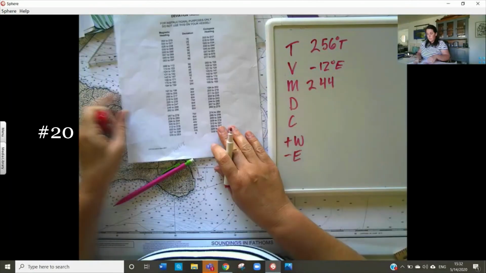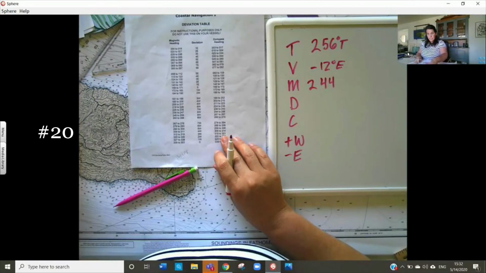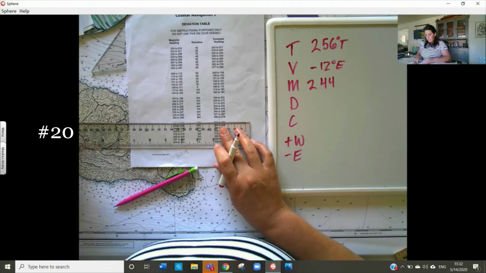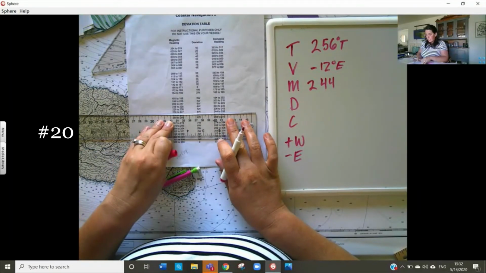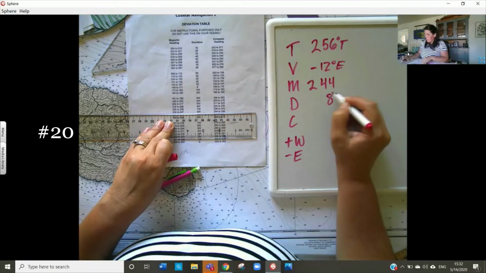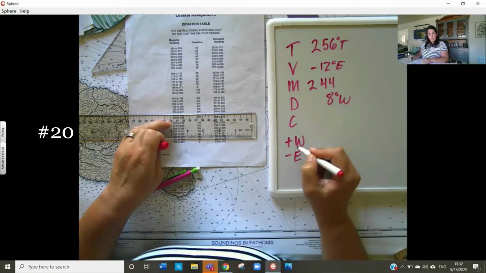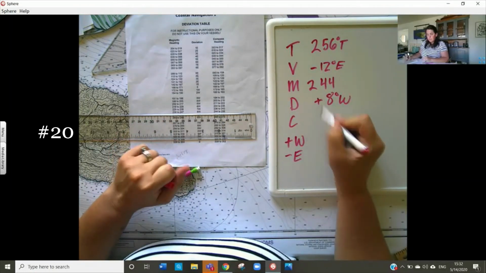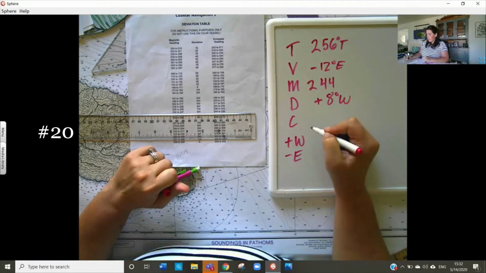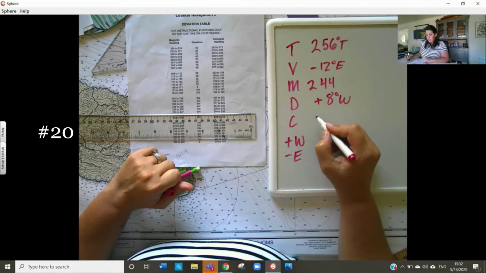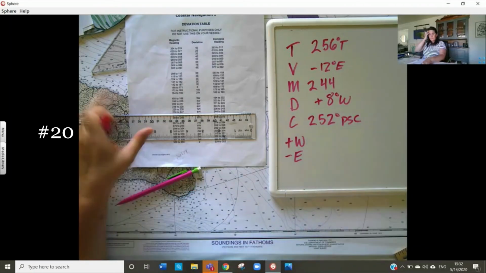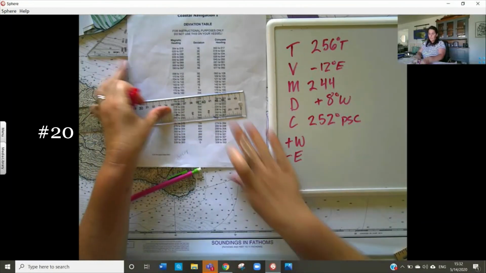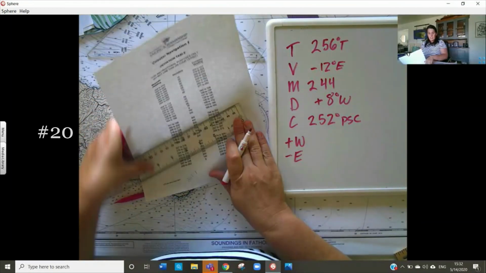We go to our deviation table, and at 244 we get a deviation of 8 degrees west. Because it's west, we're going to be adding. So we get our final compass course of 252 degrees PSC. So that would be our course to steer.